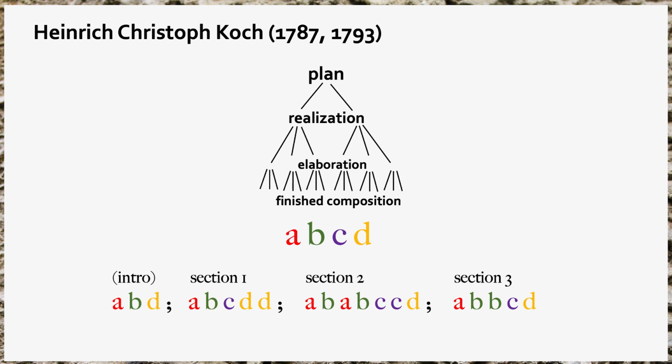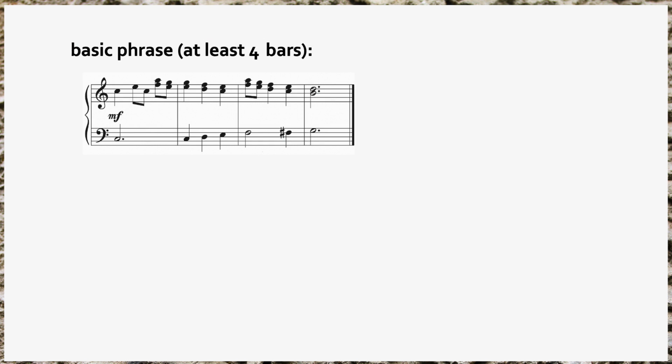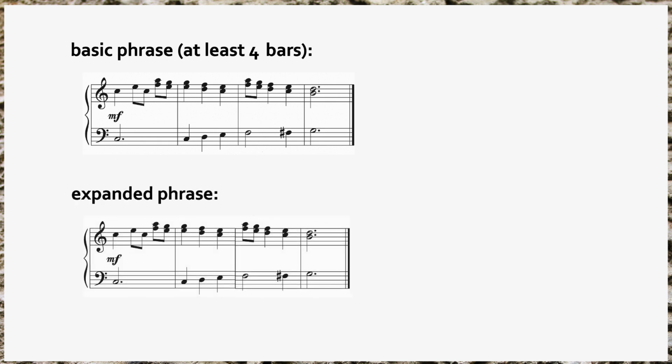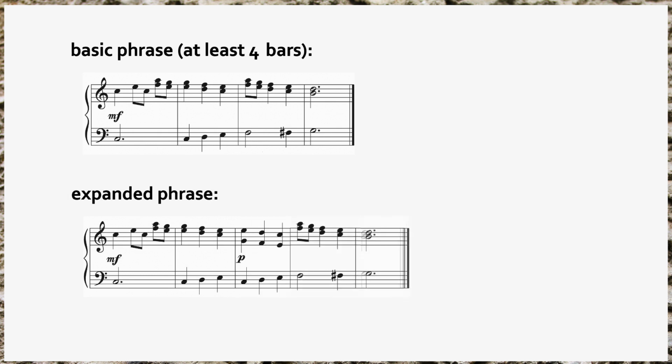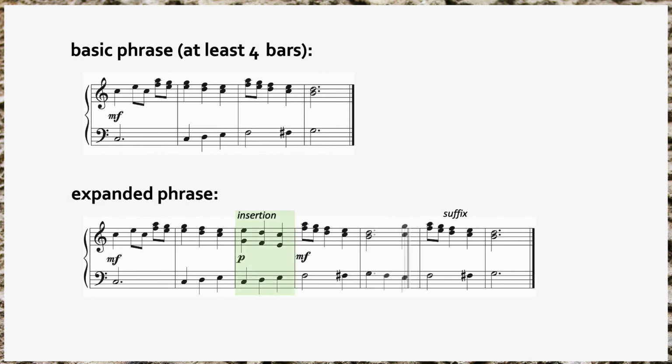When realized within a composition, the plan's individual phrases can be expanded as well. According to Koch, each phrase must be at least 4 bars long. But when fleshed out within a piece, phrases might extend longer through the addition of insertions, suffixes, or both.